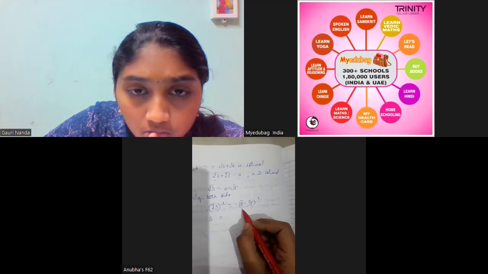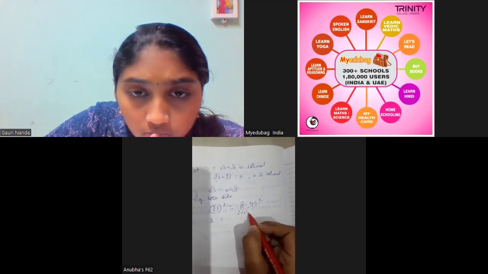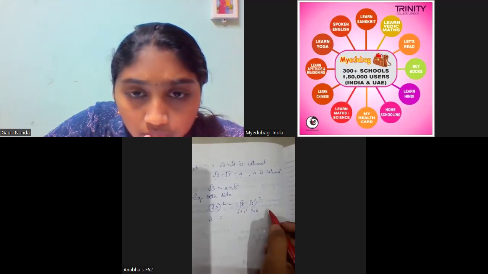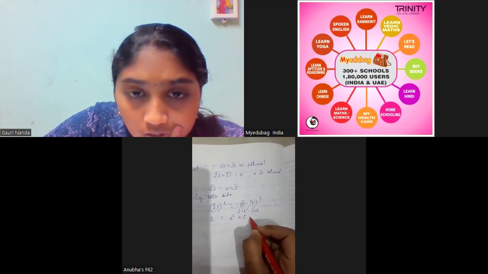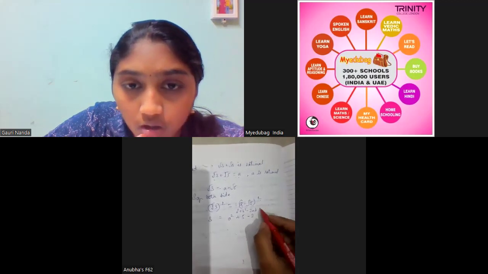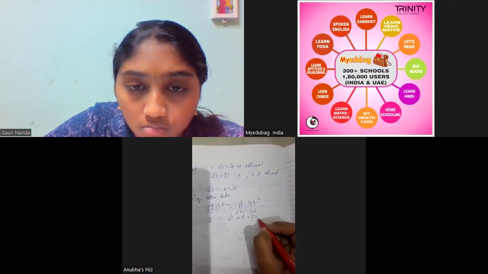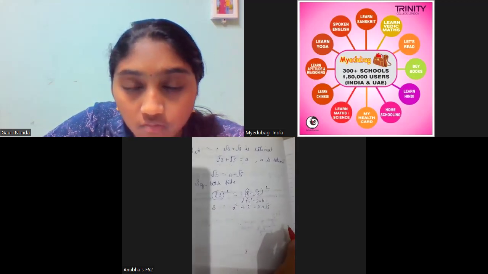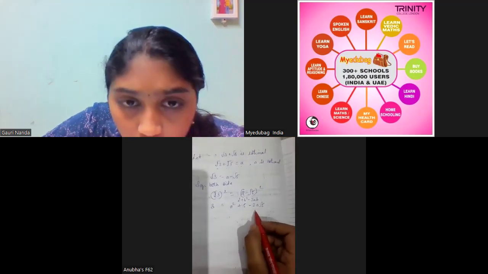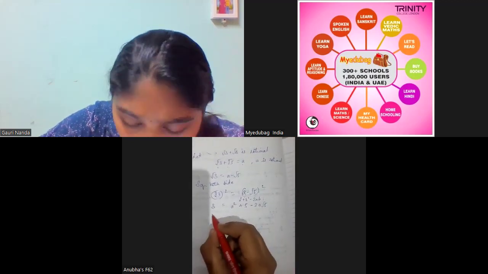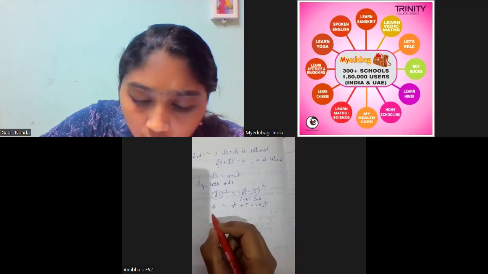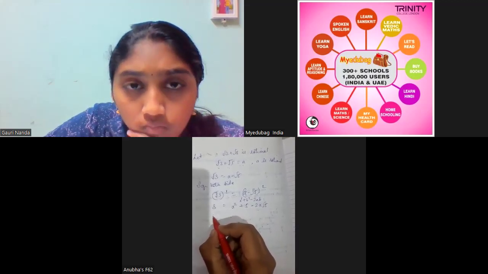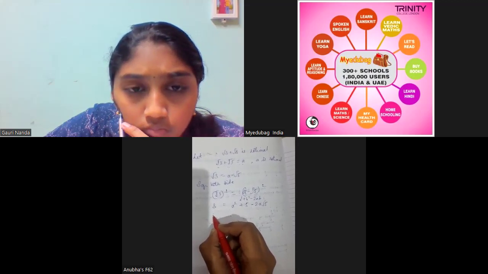And this will open by the a square plus b square minus 2ab identity. So it will be A square plus root 5 square minus 2 into A into root 5. Keeping root 5, bring all the things over to the left hand side. So a square.